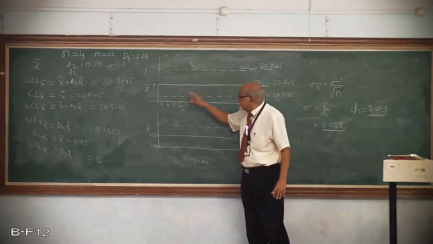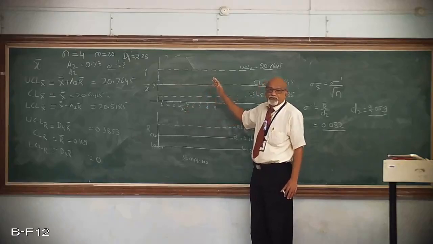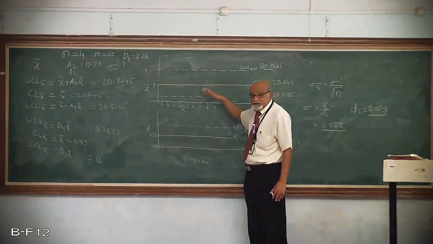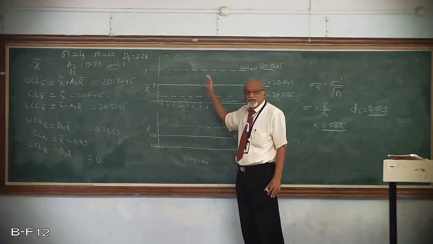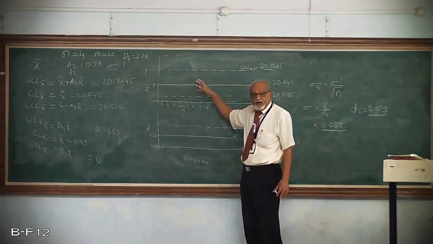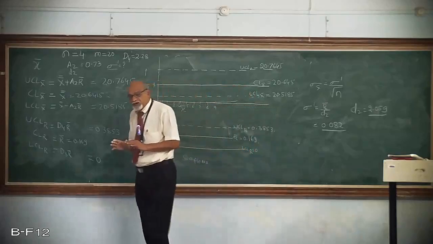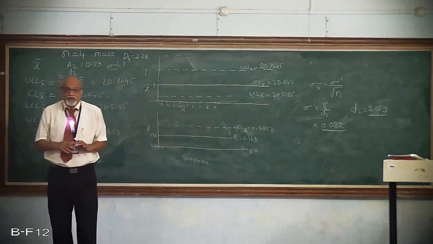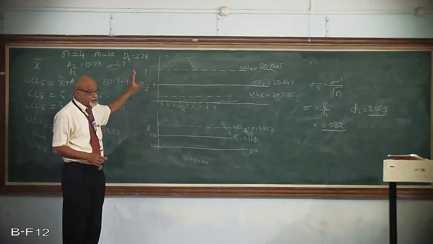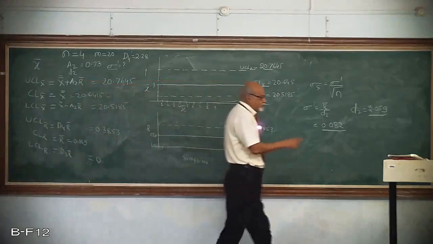That means we will establish the control limits and plot the values which are used to find out the control limits itself. If all the values fall within the control limits on the X bar as well as the R chart, then only I say that the process is under control. Then only I will proceed to find out sigma prime.